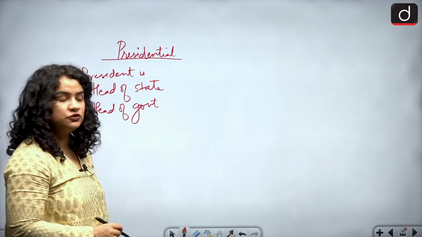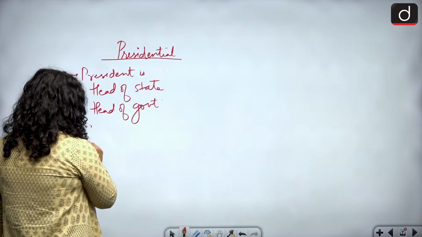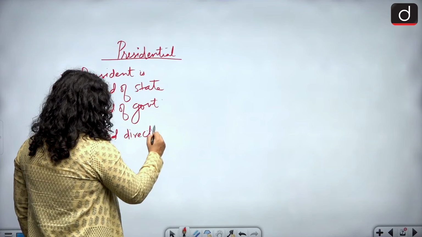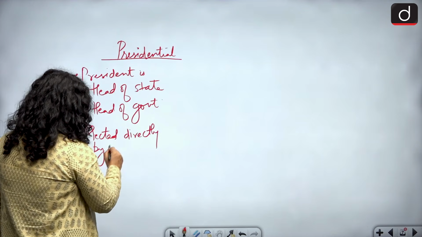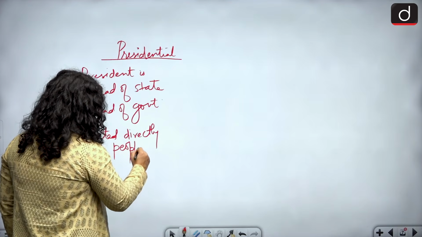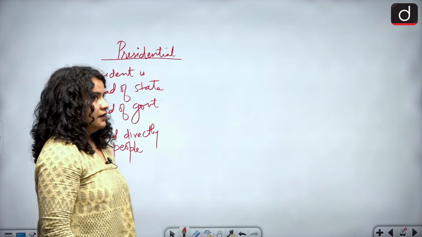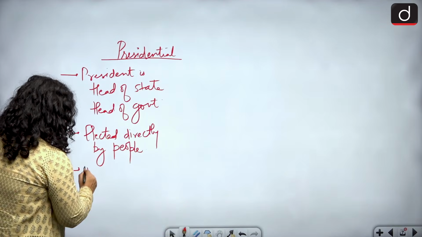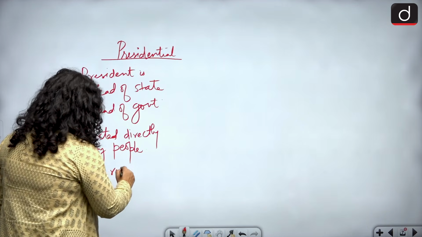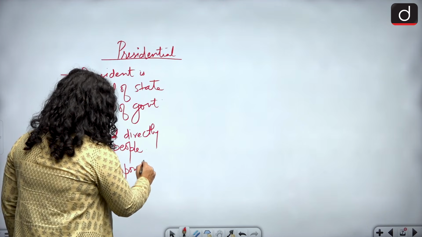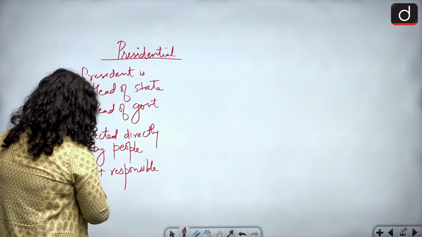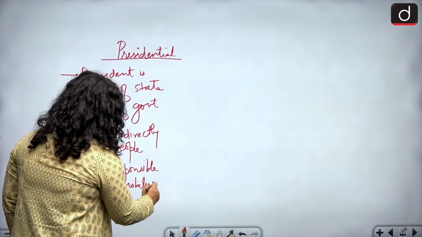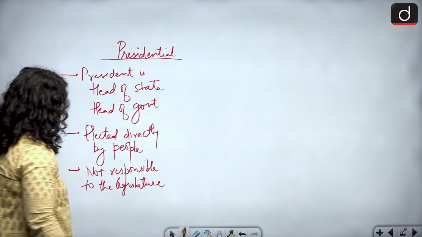Other than this, what we need to know is that the president is elected directly by the people. The third thing that you ought to know is the president is not responsible to the legislature in the presidential form of government or the presidential system of government.